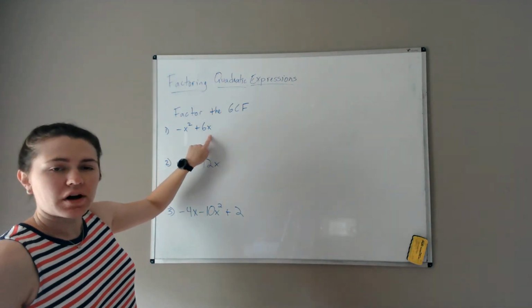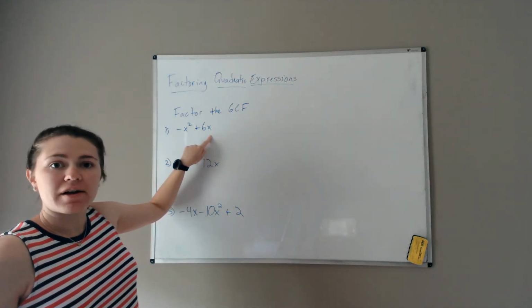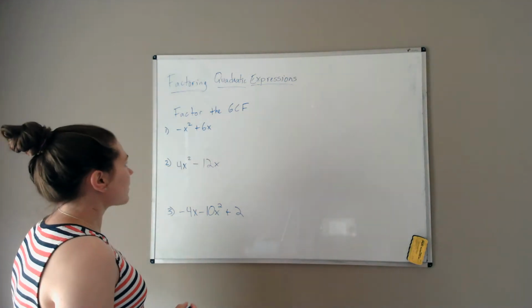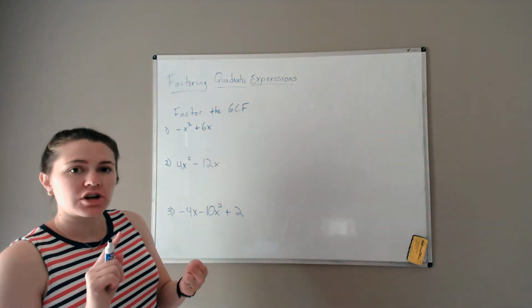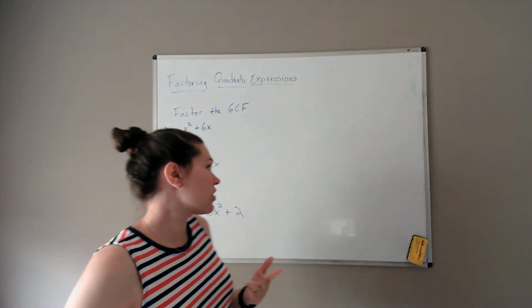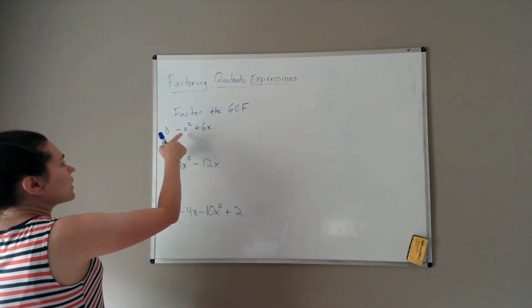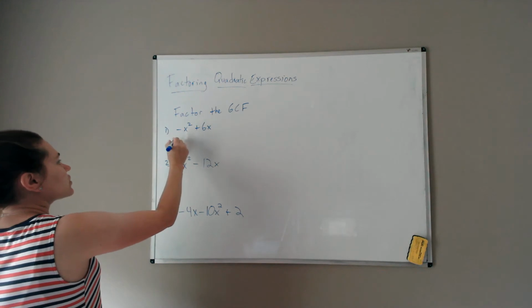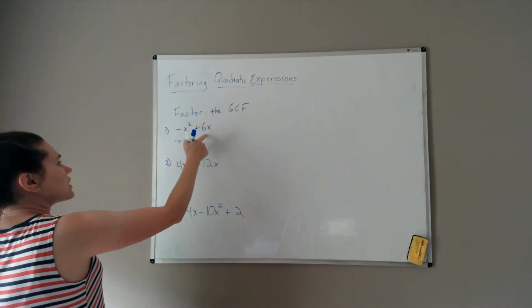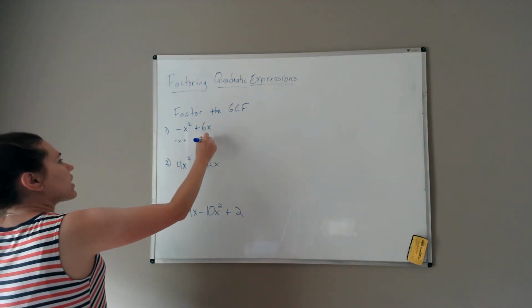What we're going to want is to factor out the greatest common factor. Greatest common factor includes the coefficient as well as the variables. So you look, this has two terms. The factored expression of negative x squared is the same as negative x times x. This is the same as 2 times 3 times x.